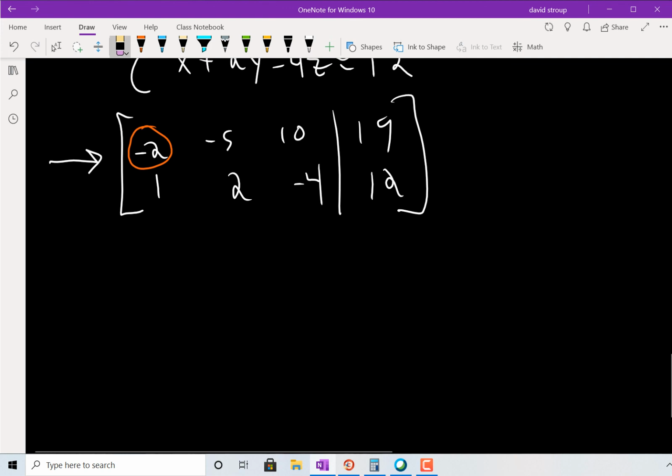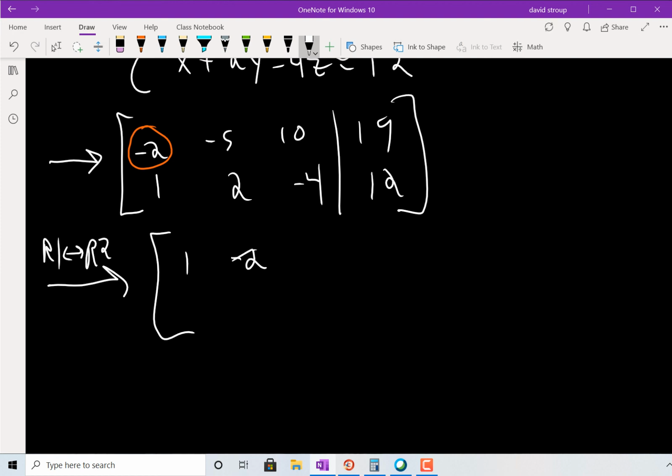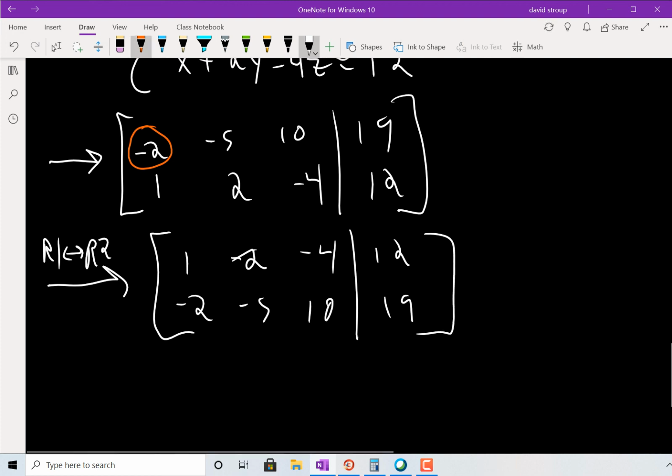It takes some getting used to, definitely. Anyways, I could swap the first 2 rows, row 1 and row 2, and you get that 1 in that position. So 1, 2, -4, 12, then 2, -5, 10, 19. And then it's business as usual. We need 0 below the pivot position, so I can do 2 times row 1 plus row 2.